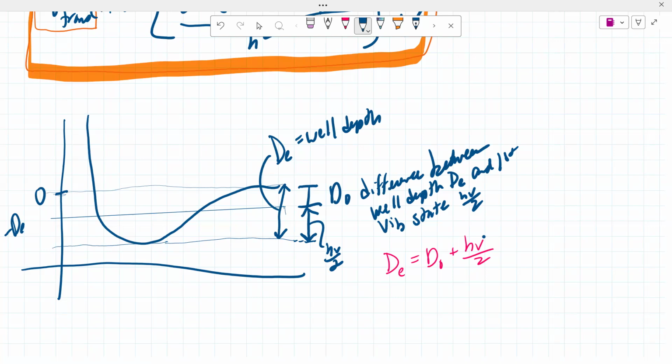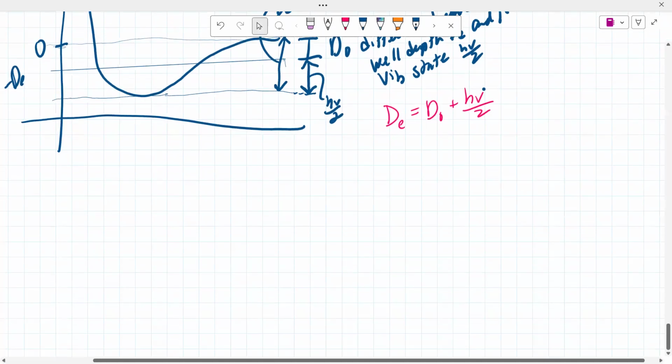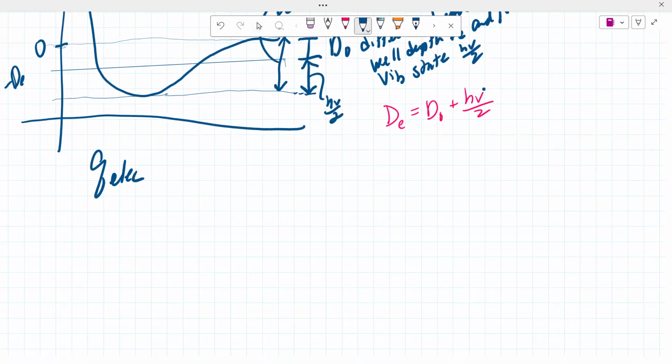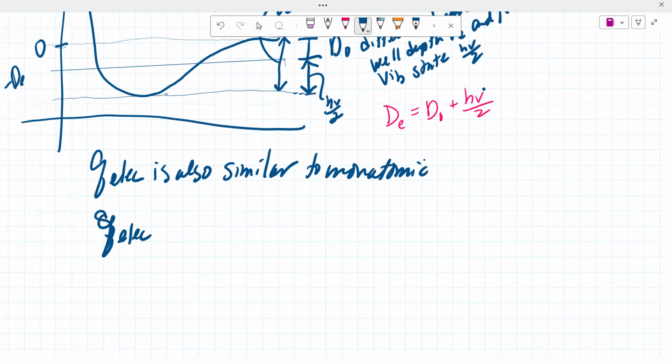All right, so this is about electronic transitions. So q electronic is also similar to monatomic. q electronic equals g_E1 e to the D_E over k_B T, plus g_E2 e to the negative epsilon_E2 over k_B T. Oh yeah, remember that one?